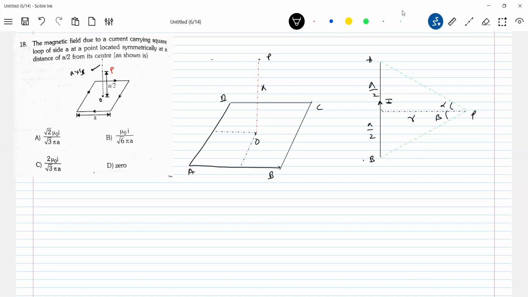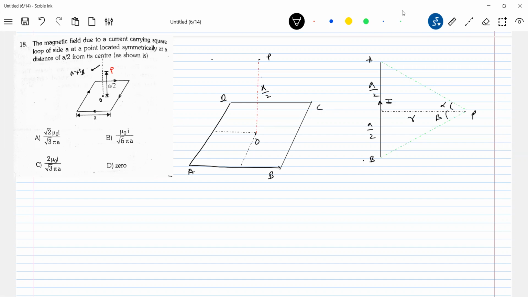This distance is A by 2, no? This distance is A by 2, and how to get that value of what R actually is?